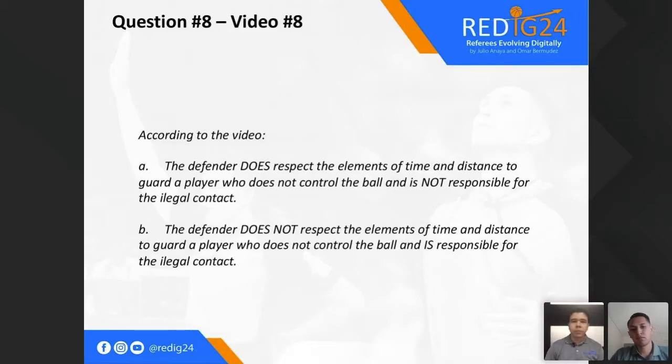Option A: the defender does not respect the elements of time and distance to guard a player who does not control the ball and is not responsible for the illegal contact. And option B: the defender does not respect the elements and is responsible for the illegal contact. So just wait for the video before you answer.